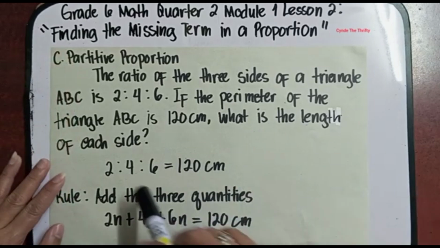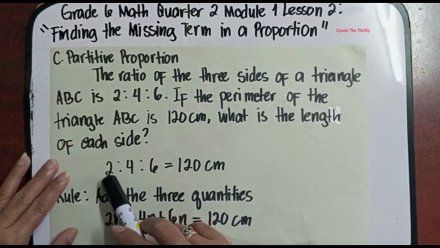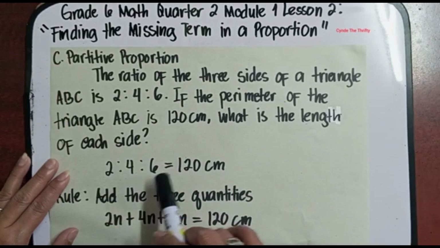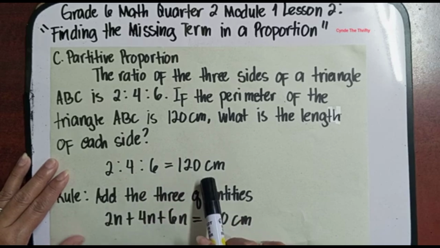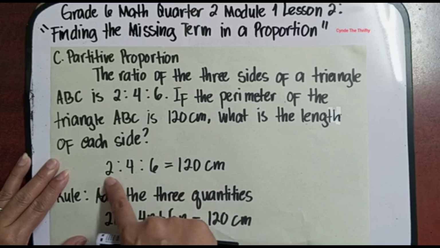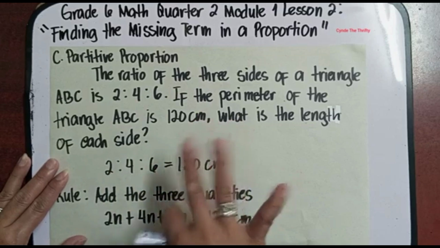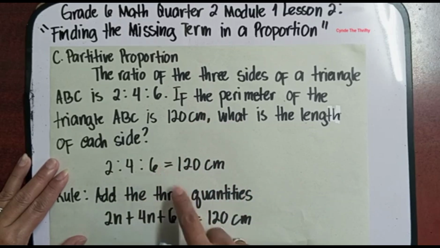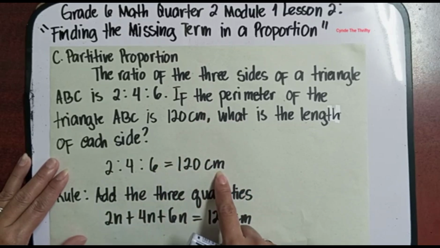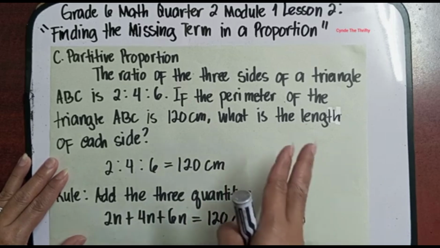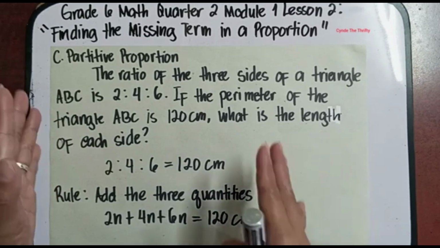Okay, so meron tayong equation dito. 2:4:6 is equal to 120 cm. So, ito yung mga sides ng ating triangle. Kasi ang triangle merong tatlong sides, so meron tayong tatlong sides dito. Is equal to 120. Kaya lang, hindi natin alam kung gaano ba kahaba yung kada sides niya.